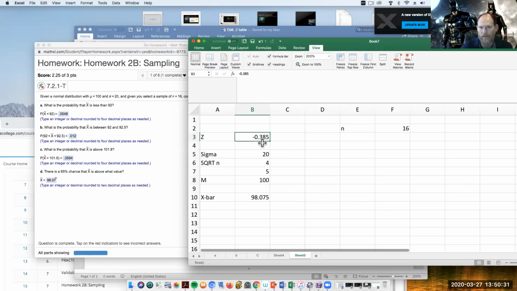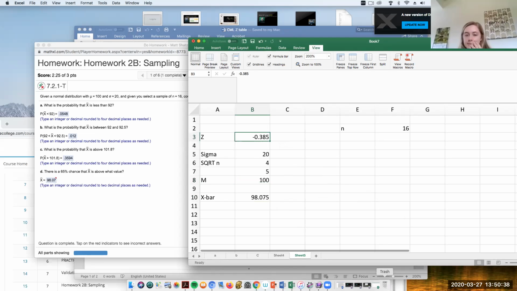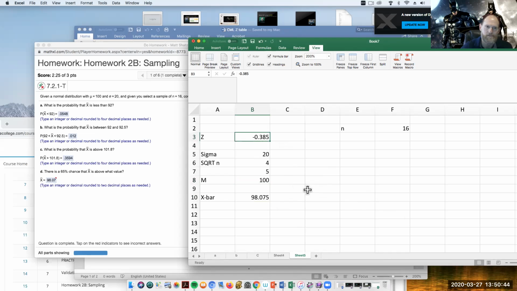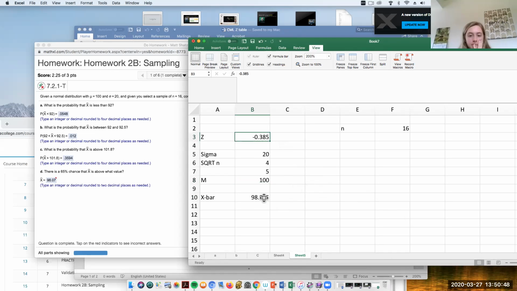I'm assuming it's 0.8385, but I didn't take an average of those two. I did before, so I don't know. And I don't know if Pearson would give it to you if you rounded up, or not. If you rounded it to 98.08, I don't know if they'd give it to you.